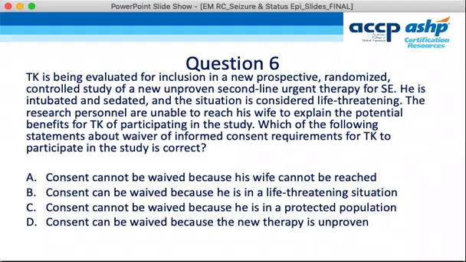Which of the following statements about waiver of informed consent requirements for TK to participate in the study is correct? A, consent cannot be waived because his wife cannot be reached. B, consent cannot be waived because he is in a life-threatening situation. Or C, consent cannot be waived because he is in a protected population. Or D, consent can be waived because the new therapy is unproven.